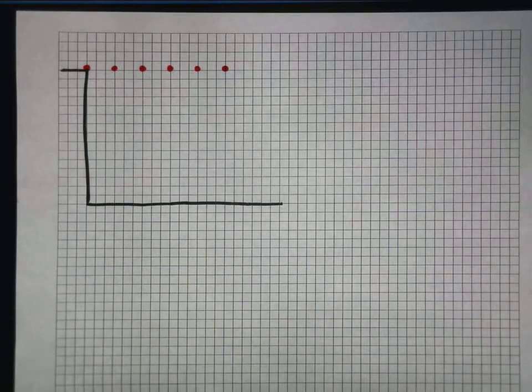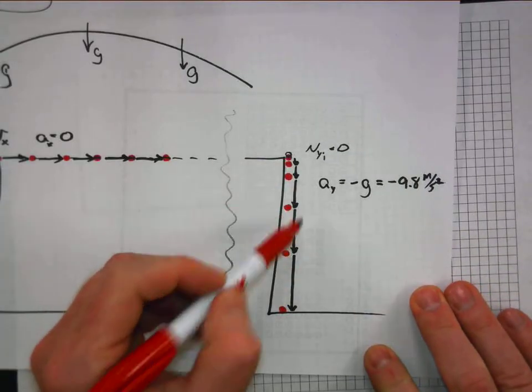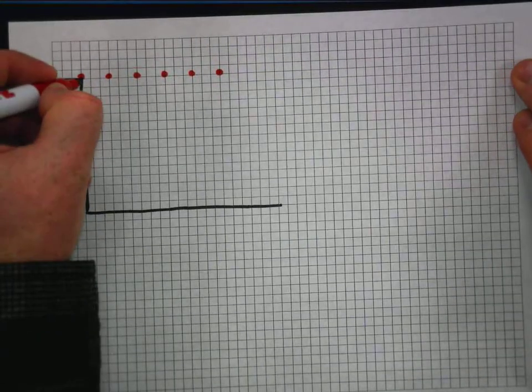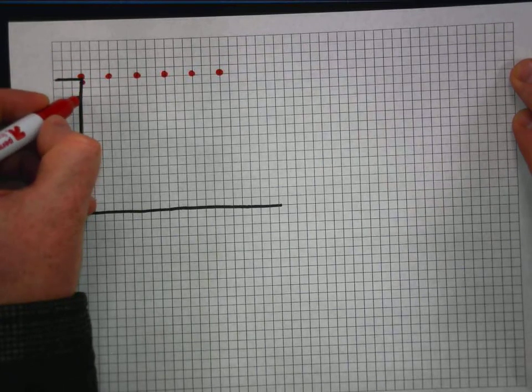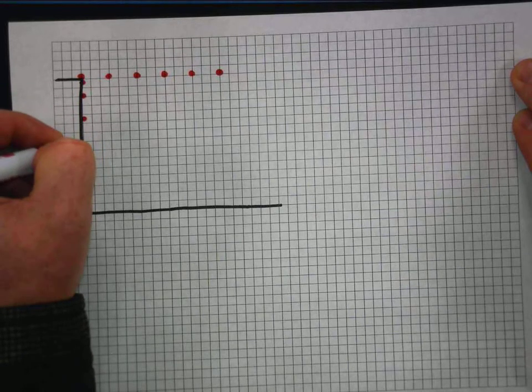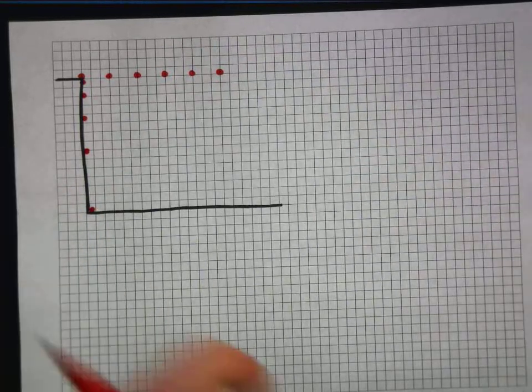We also said that in the other situation, if we just drop it, every second it's going to fall, and it's going to fall by different amounts each second. So it's going to go there maybe, and then maybe it's going to go here, and then a little further, and then a little further, and then a little further there.